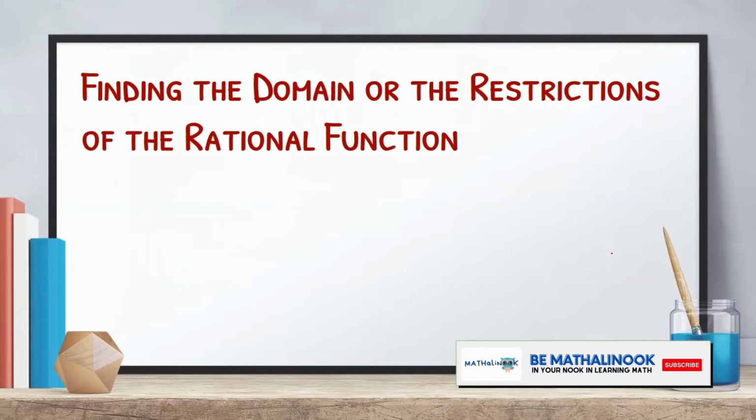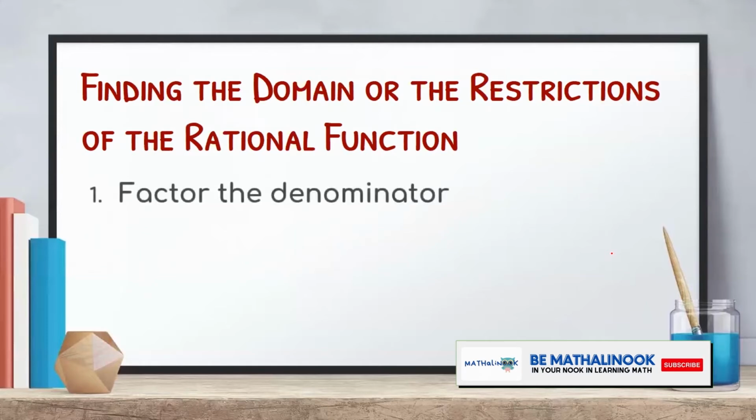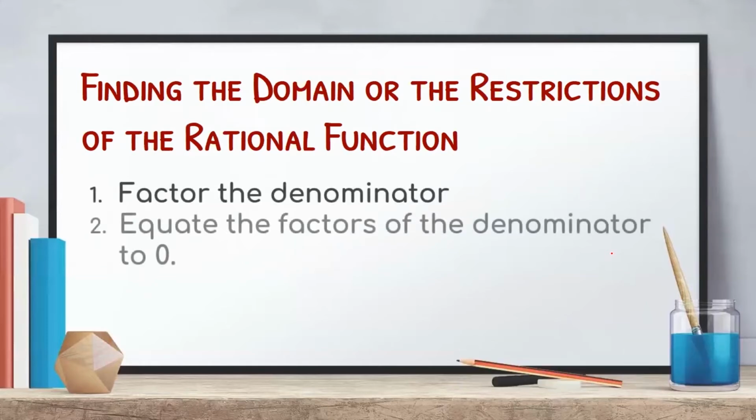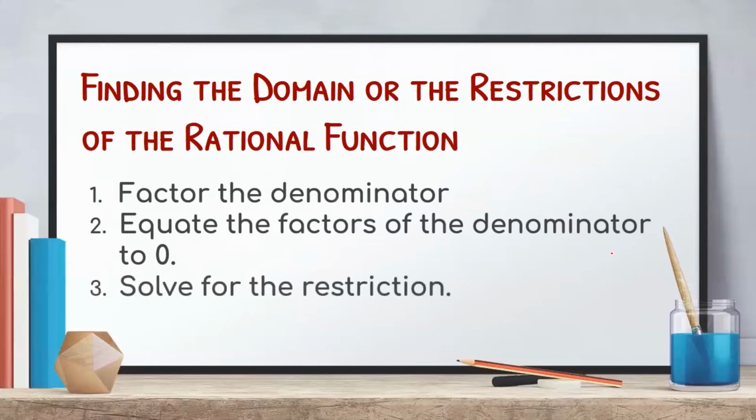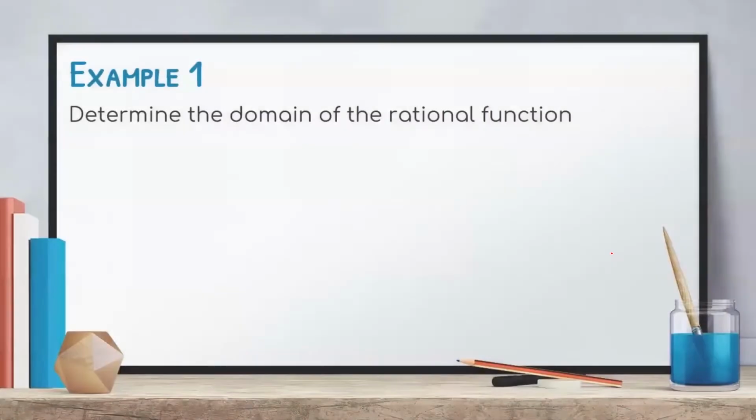These are the steps in finding the domain or the restrictions of the rational function. First, factor the denominator. Second, equate the factors of the denominator to 0. And finally, solve for the restriction. Let us have an example.